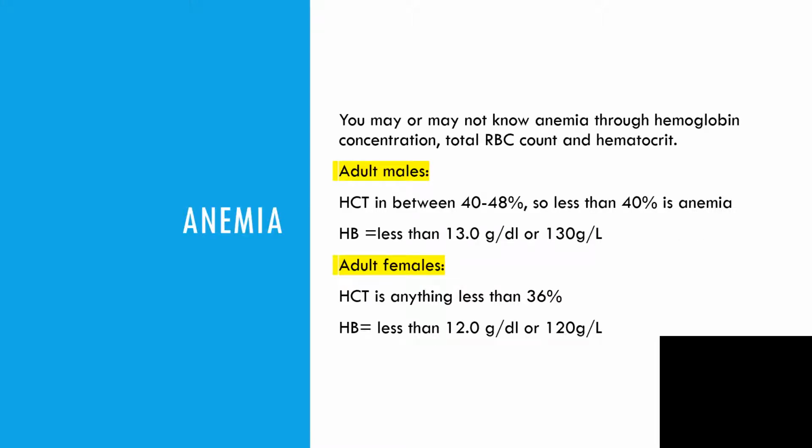You may or may not be able to make the diagnosis of anemia even with your hemoglobin level, total red blood cell count, and hematocrit. Why is that?